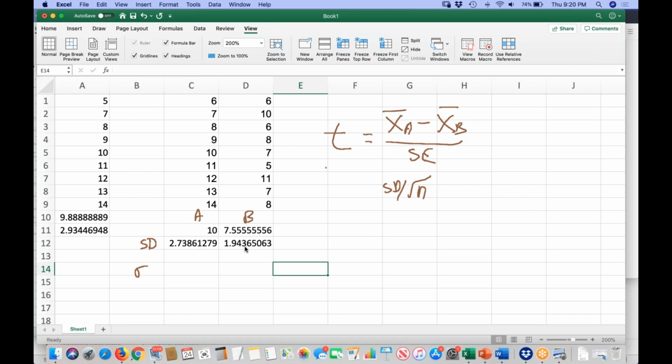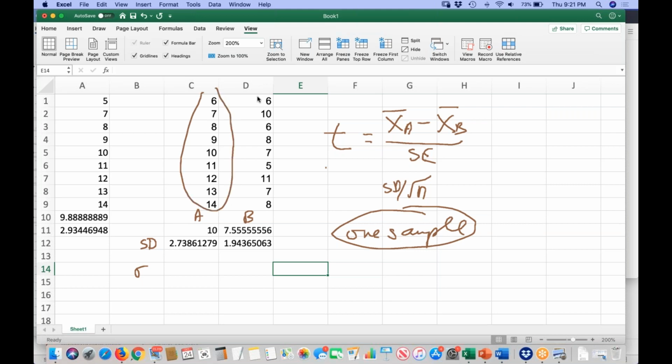Should I use 1.93? Should I combine? What should I do with that? I have a problem. When I get away from one sample, I now have a situation where I have variability for one group and variability for another group. So I have a couple of choices here.